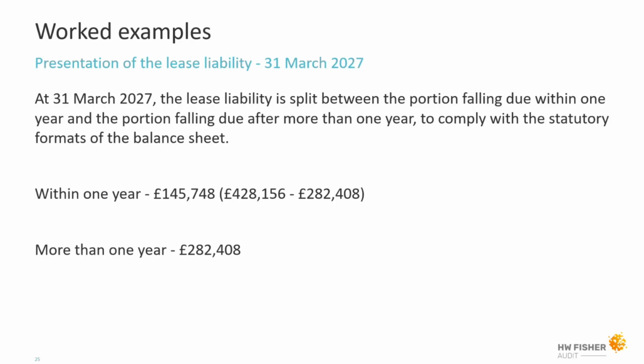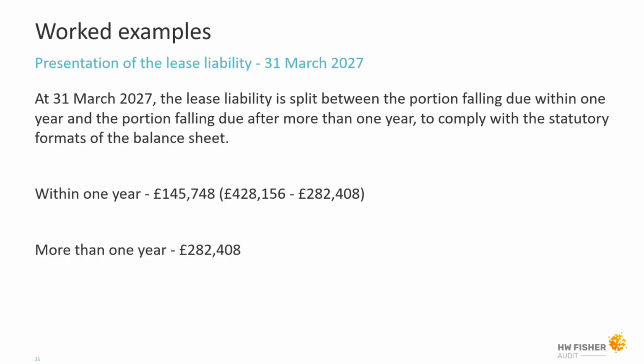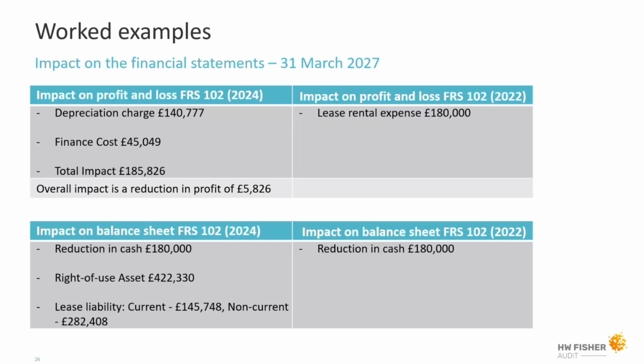So that's the 282, and then you're going to split that between your current and your non-current. So something again to think about. Again, potentially if you don't have non-current liabilities at this moment, think about those stakeholders that might be surprised to suddenly see it in the balance sheet like that. But don't forget to break it out.